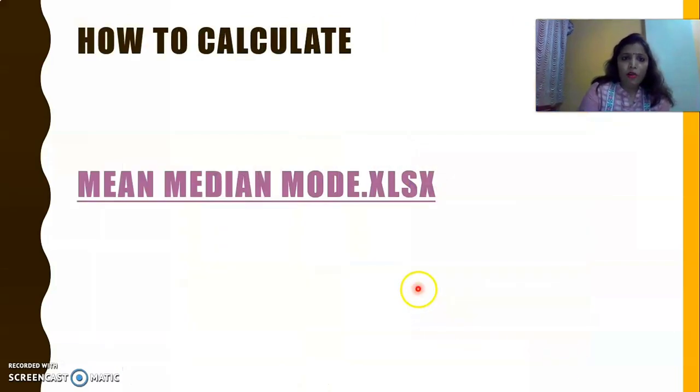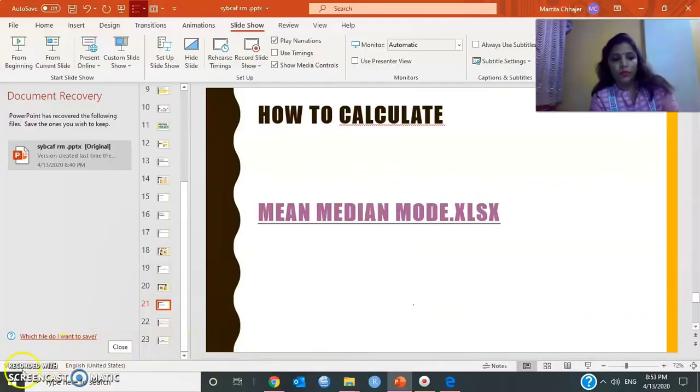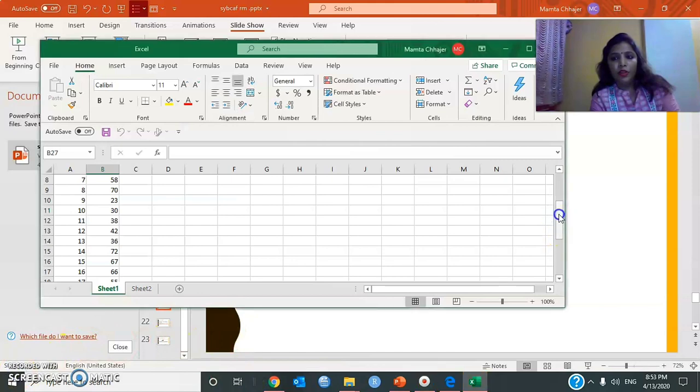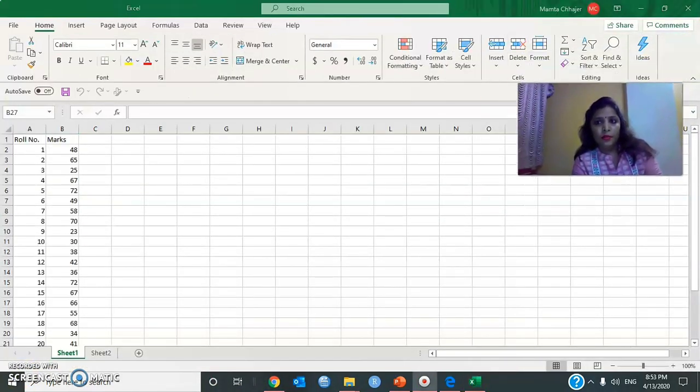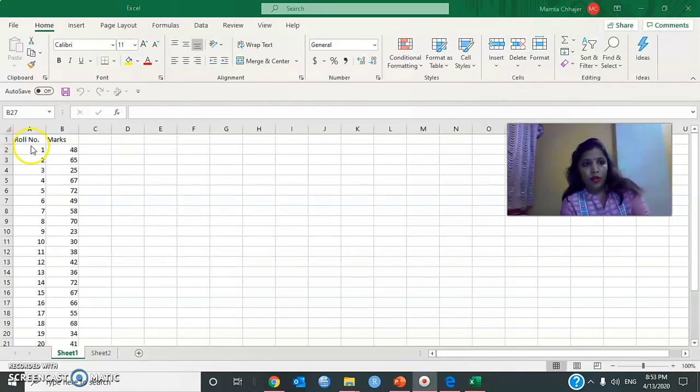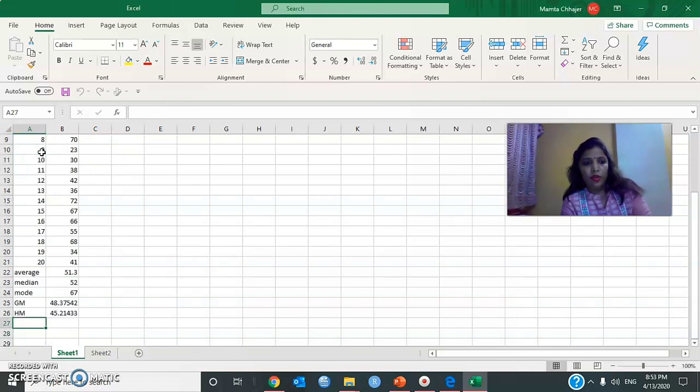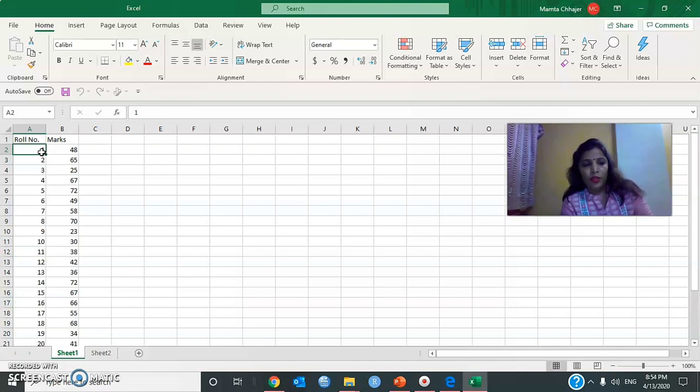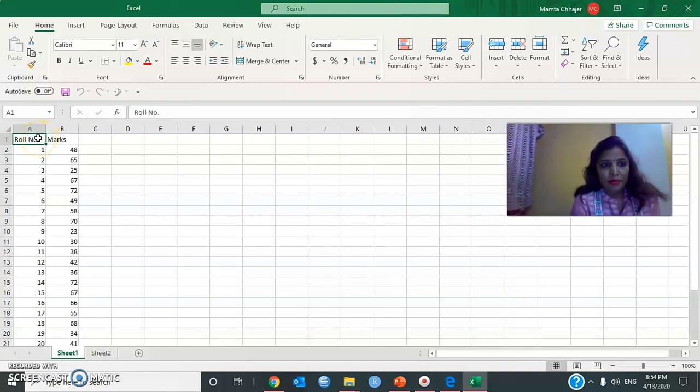Next, we will learn how to calculate mean, median, mode on your Excel. Now here you can see this Excel sheet. So here we have entered the marks and the roll number of students. So just randomly I entered this data. You can just scroll it down. Now if I want to calculate the average. So now if I talk about roll number, which scale is this? Is it a nominal scale, ordinal scale, ratio scale or interval scale?